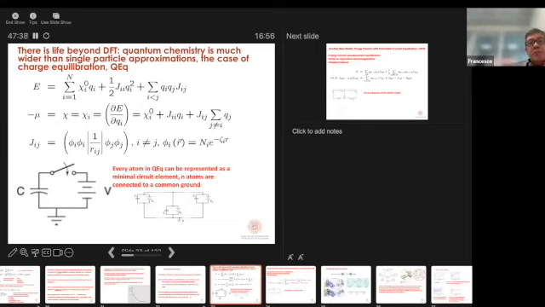I'm not sure I'll be able to come through, but they say, look, I can write the energy of a system not in terms of a Hamiltonian, not at all, but I can do a power series expansion of the energy in terms of the charges of the atoms, the local charges. This is the difference between the charge of the electrons that are sort of localized around an atom, and the nucleus. And then this is the Q of I here.